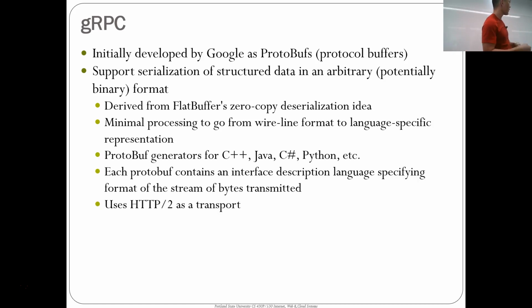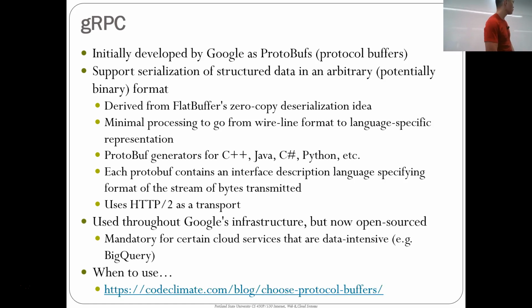So for protobuf, there are generators for C++, Java, C#, and Python that will allow you to do this kind of transfer with zero copying natively. If you look throughout the Google infrastructure, Google will now give you an option.